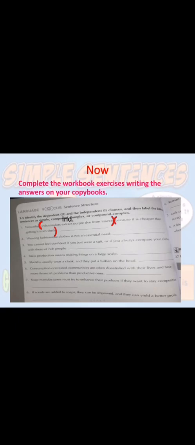This is the dependent clause. They are connected by because. It is a complex sentence.